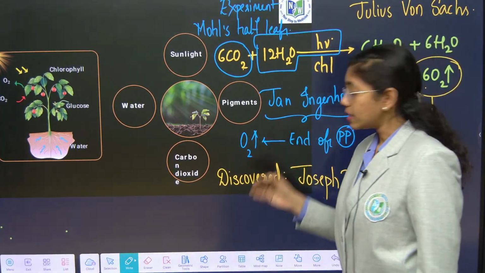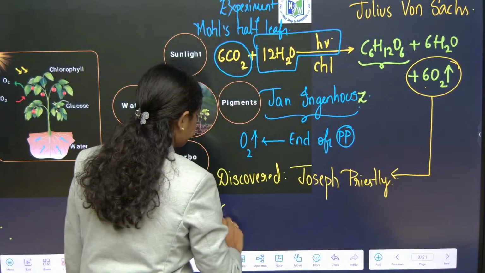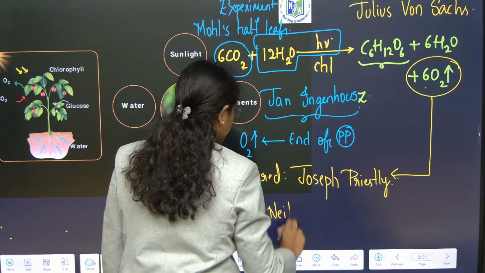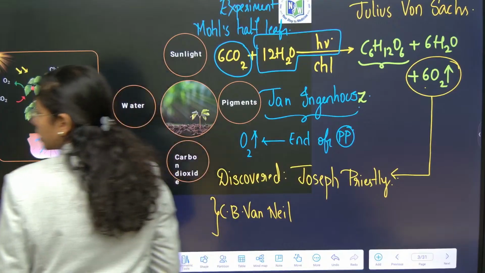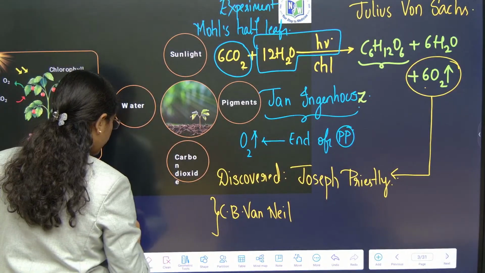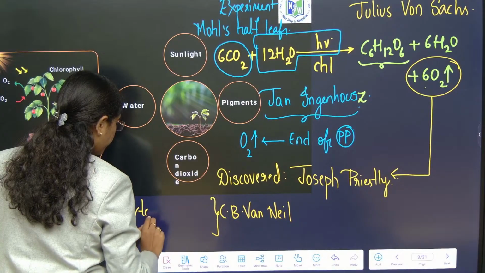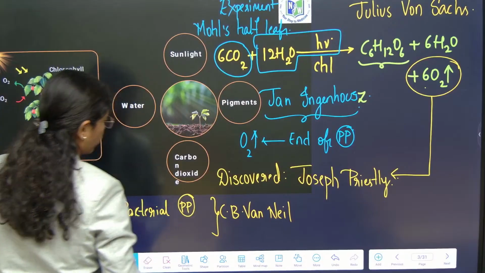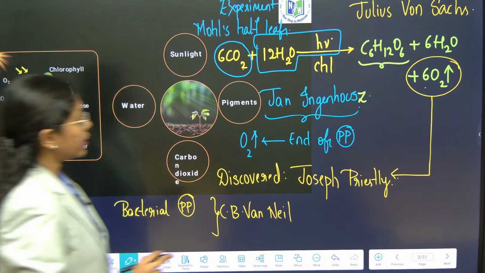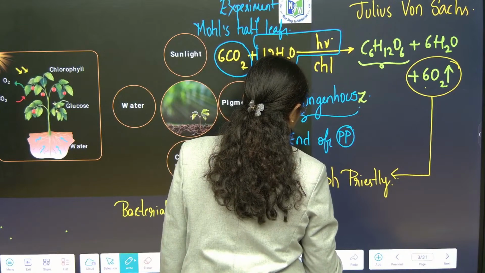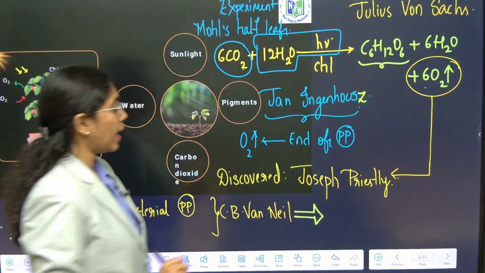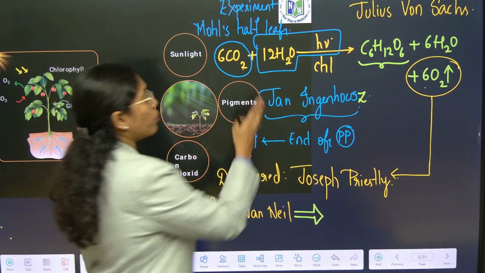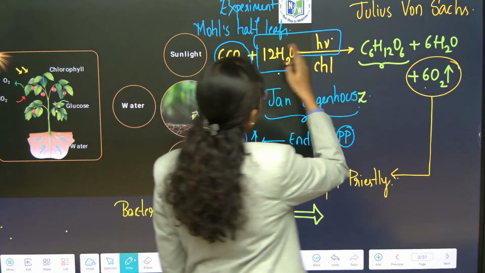Later it is the scientist C.B. Van Niel, who conducted bacterial photosynthesis and said that the oxygen molecule liberated at the end of photosynthesis is from water molecule but not from carbon dioxide.